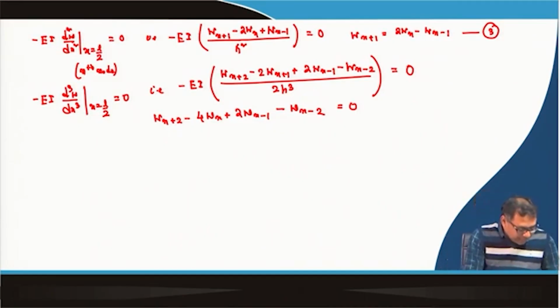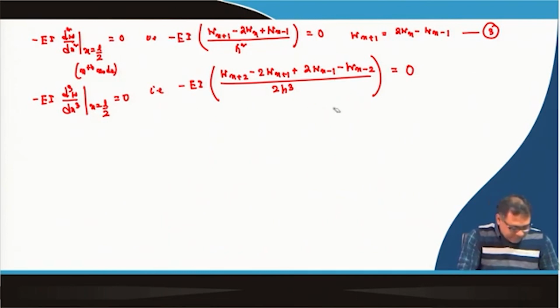Okay. So, finally, let me first write this in different form, that means w n plus 2 minus this w n plus 1 is replaced by 2 w n minus w n minus 1. So, w n minus 1 it is 2 w n.